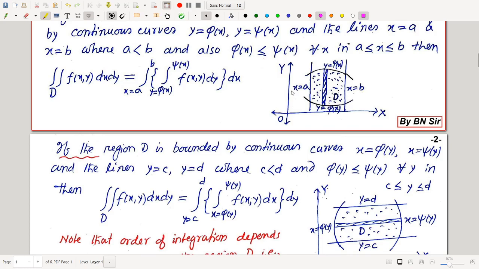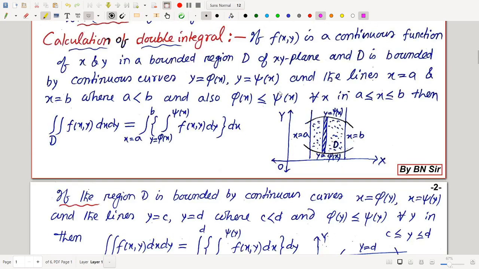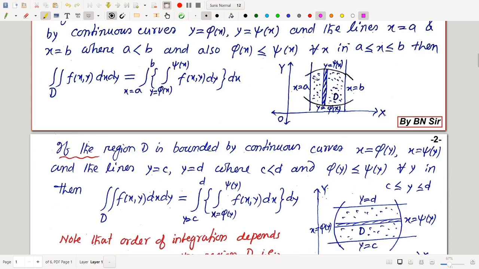So this is the idea. Integrate along the vertical strip from y equal to phi x to y equal to psi x, and then move the strip from x equal to a to x equal to b, so the integral over the whole region is taken, provided the boundaries of the region are like that: y equal to phi x, y equal to psi x, x equal to a, x equal to b.